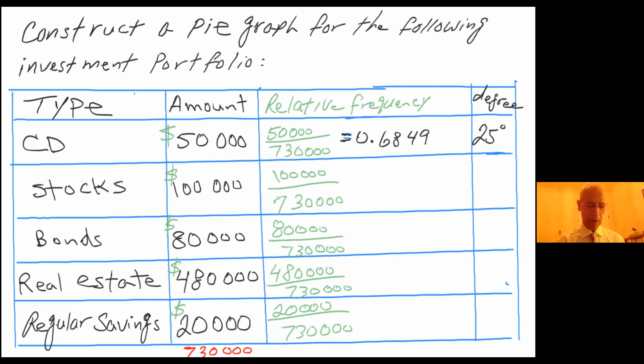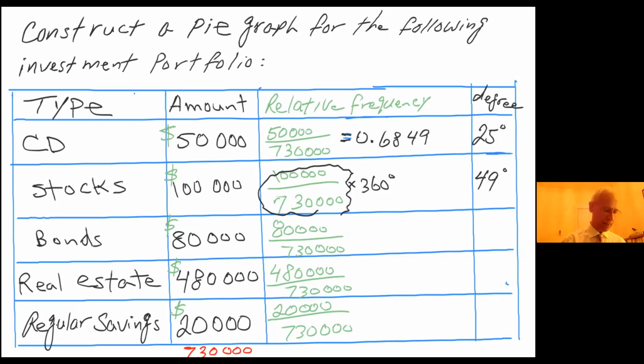$100,000 divided by 730, and then this times 360 degrees. So this right here is my relative frequency, and I multiply that by 360 degrees, and it gave me 49 degrees.